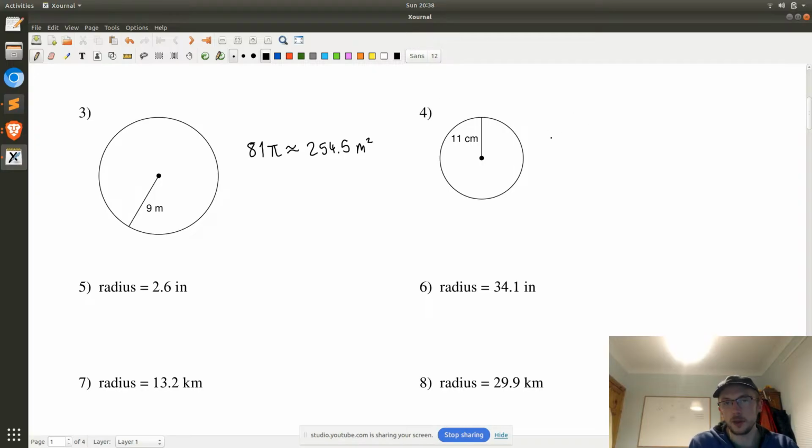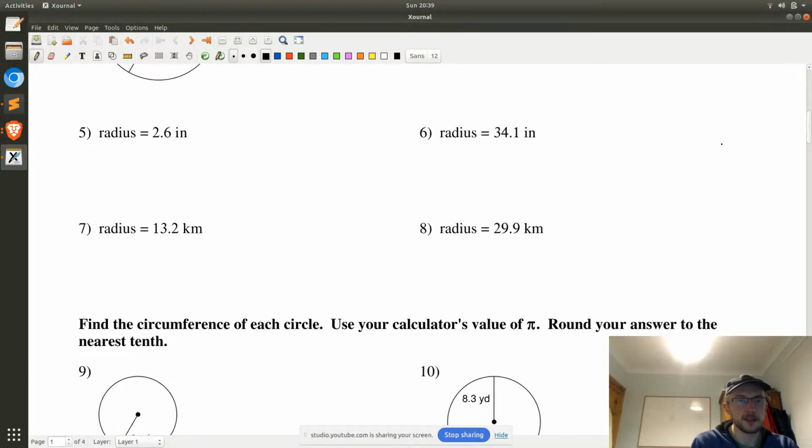11 squared is 121 pi, which is 380.1 square centimeters to the nearest tenth. And now, no picture present. Square 2.6 to get 6.76 pi.